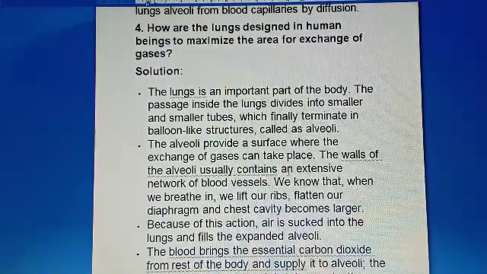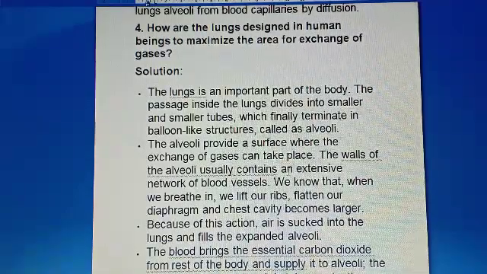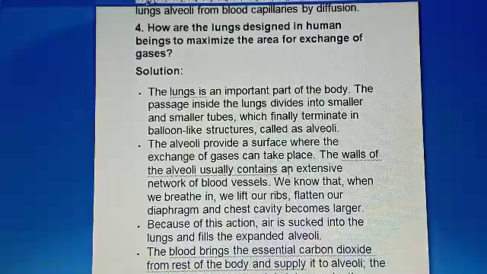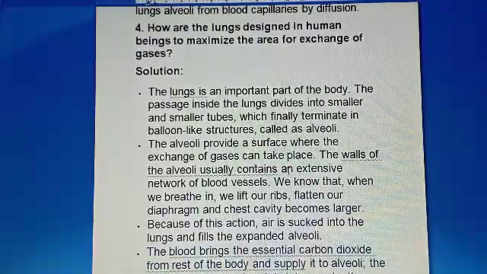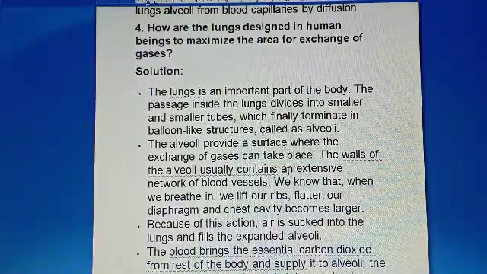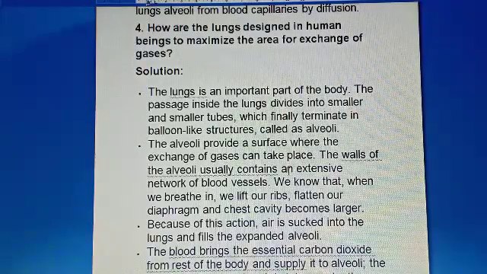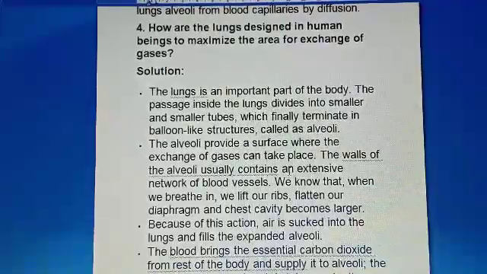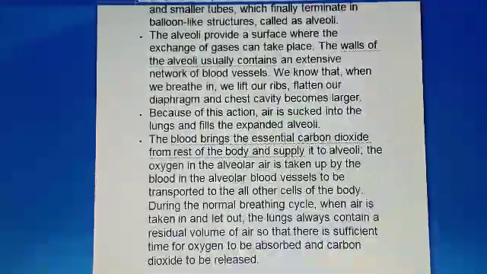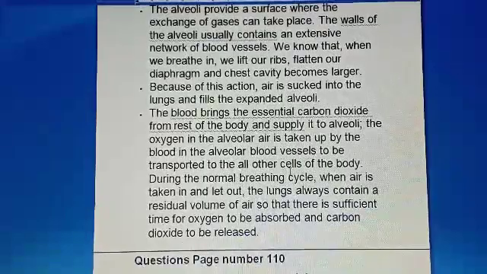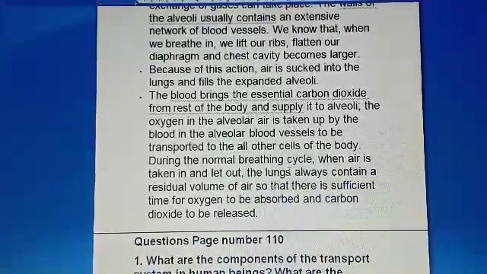The blood brings the carbon dioxide from the rest of the body parts and supplies it to the alveoli. And the oxygen in the alveolar air is taken up by the blood in the alveolar blood vessels for transportation to the body parts.